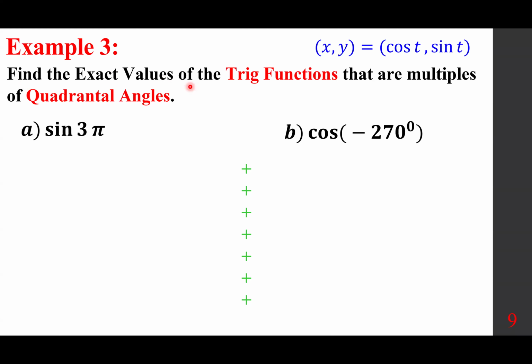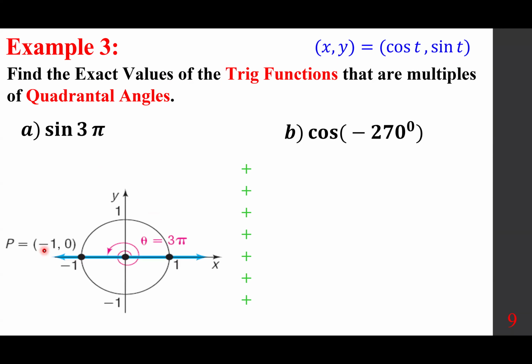Find the exact values of the trig functions that are multiples of quadrantal angles. Bear in mind x comma y means cosine t comma sine t. So we want sine of 3 pi. Remember the meaning of 3 pi. It's 2 pi plus pi. You go a complete revolution and you land at pi.